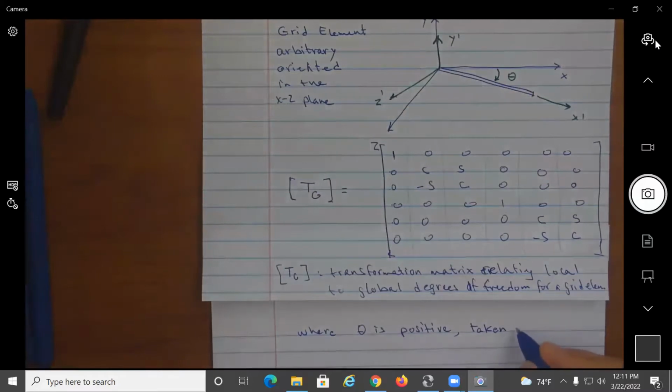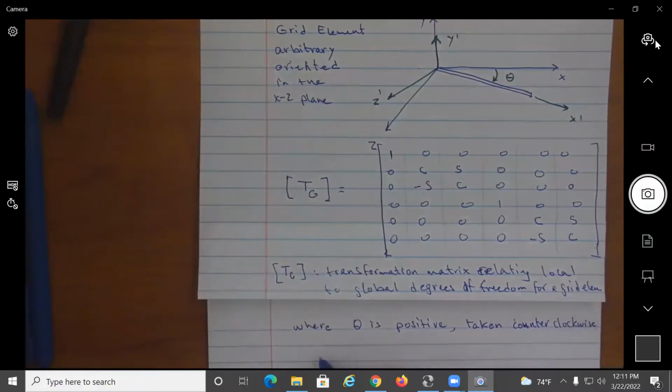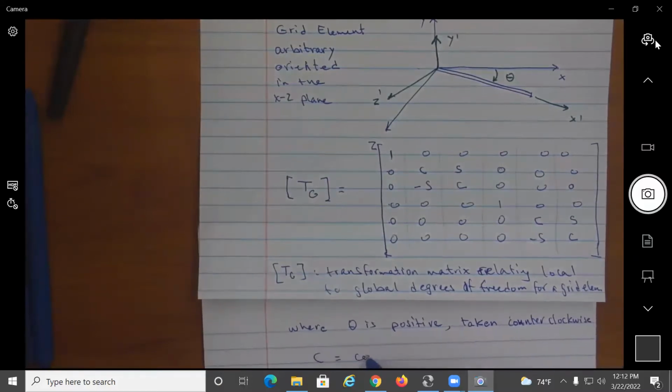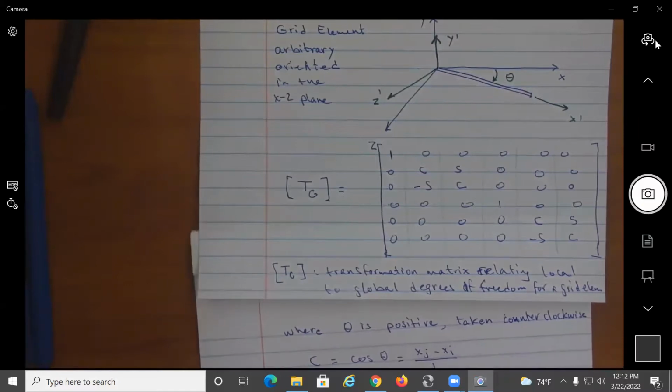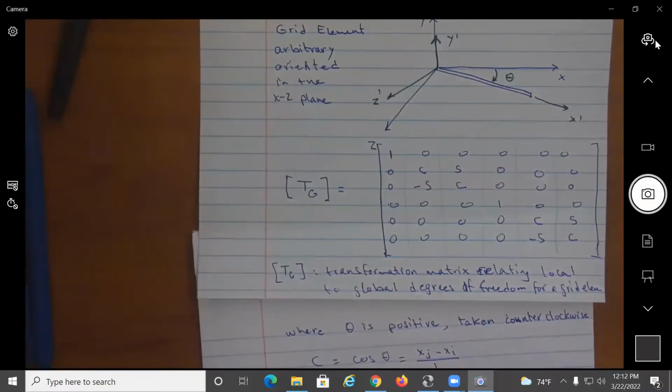So we have C equal to cosine theta, which is equal to xj minus xi over L. And S is equal to sine theta, which is equal to zj minus zi over L.